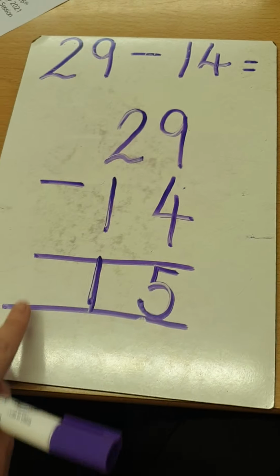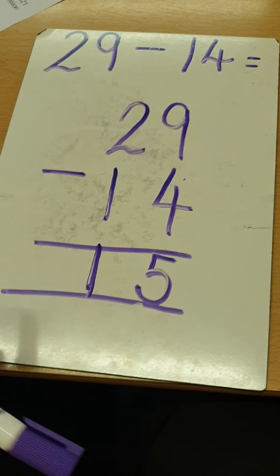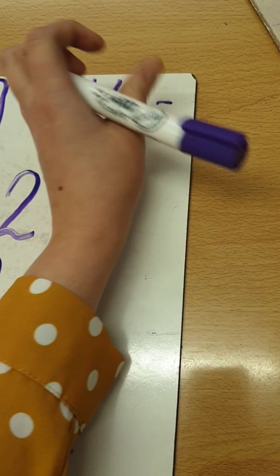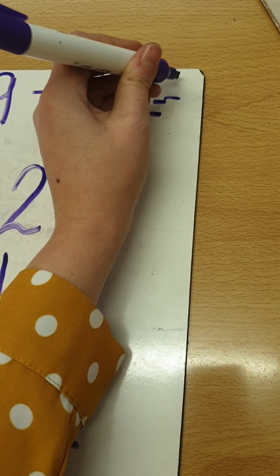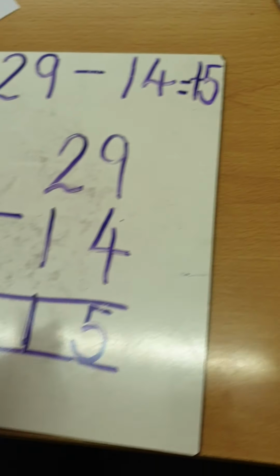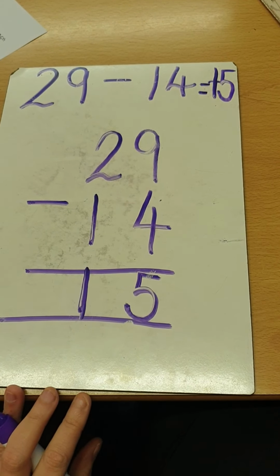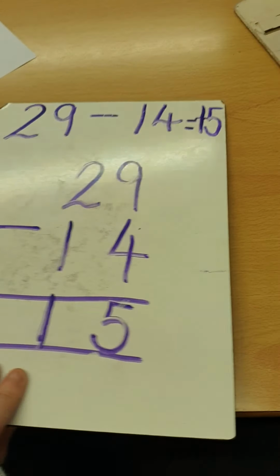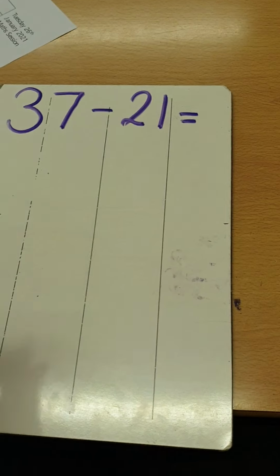So as well as writing it in my column subtraction working out, I'm going to write it here. I'm going to move my equals over there because I've not left much room. So 29 take away 14 equals 15. Well done.